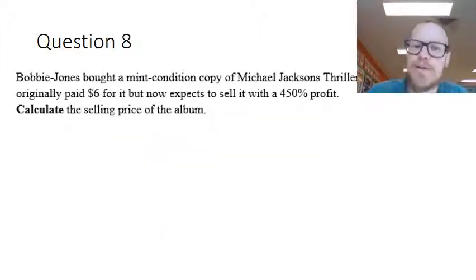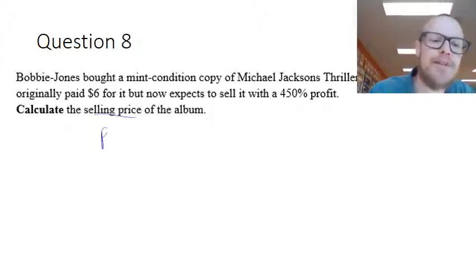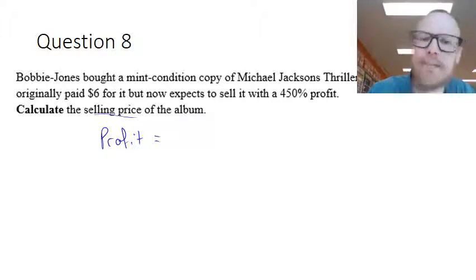Question 8, we've got someone buying a copy of Michael Jackson's Thriller album. She originally pays $6 but will get a 450% profit. So we need to calculate the selling price of the album. Let's work out the profit first. So how much money she makes. The profit is going to be 450% of that original amount of $6.